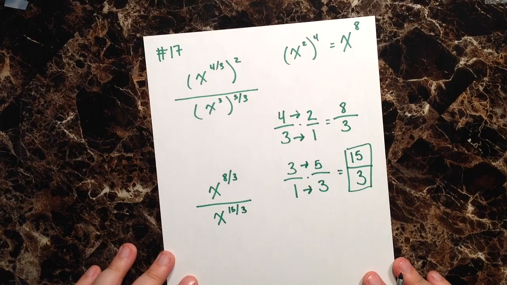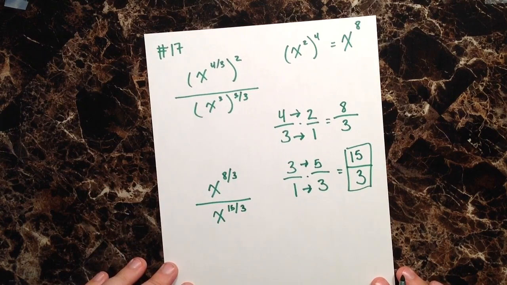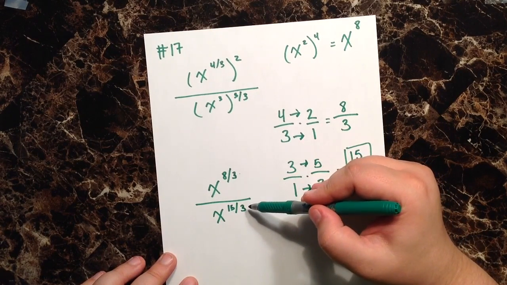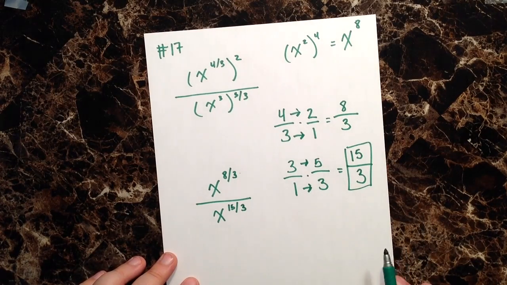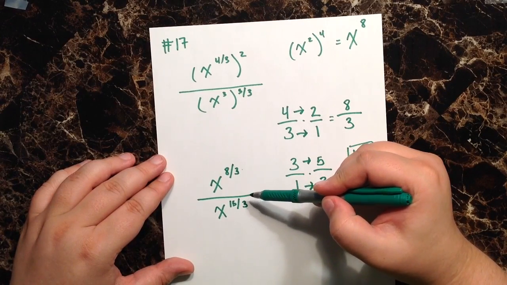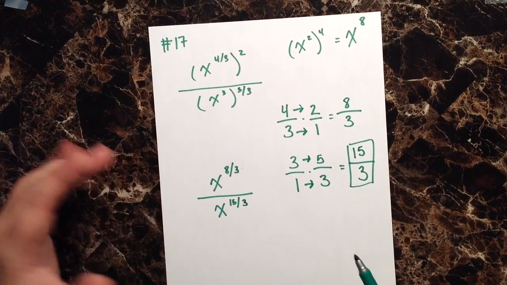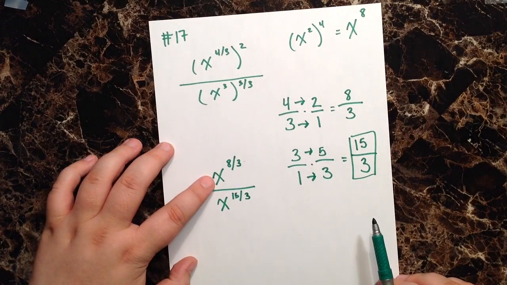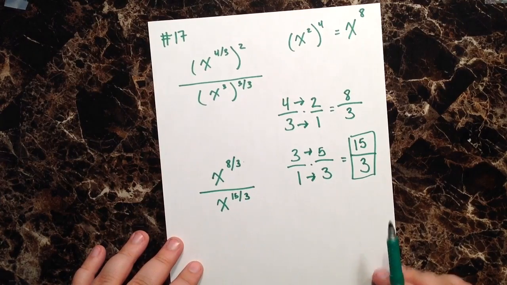When we are dealing with fractional exponents, we have to have the same denominator. In this case, we do, a denominator of 3. Once our denominator is the same, we just look at the numerator and ask ourselves, are we top-heavy or bottom-heavy? I have x to the 8/3 over x to the 15/3.